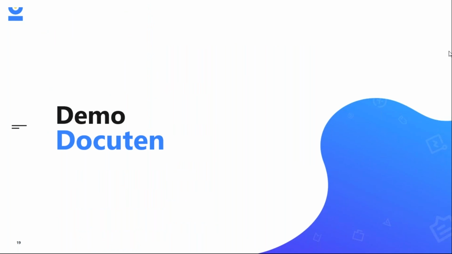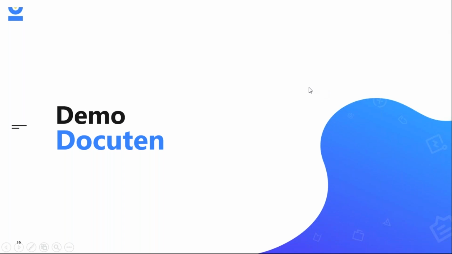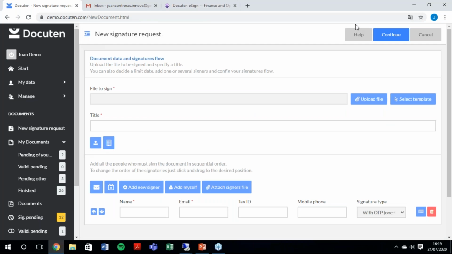Now we are going to see just a brief demo. So I'm going to show you first the Docuten online platform. So this is Docuten from the web portal. I'm going to show you how we can create different flows.